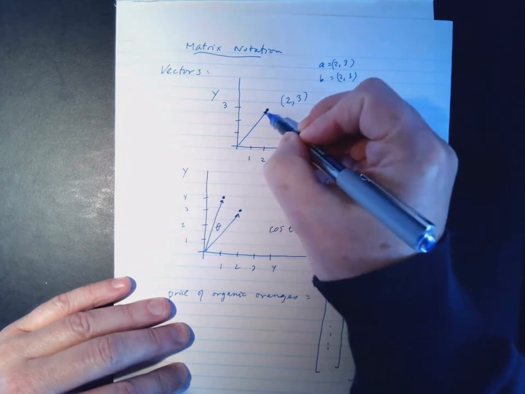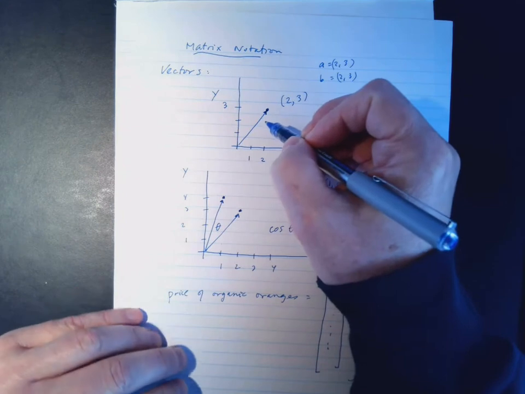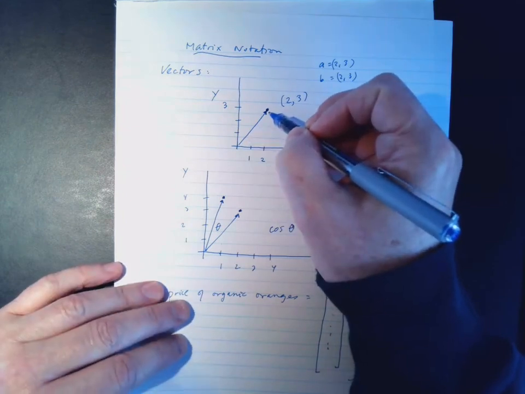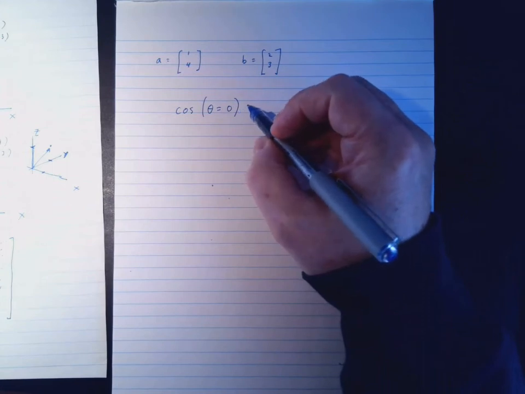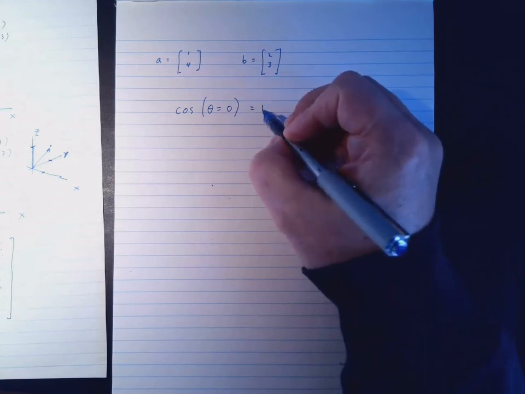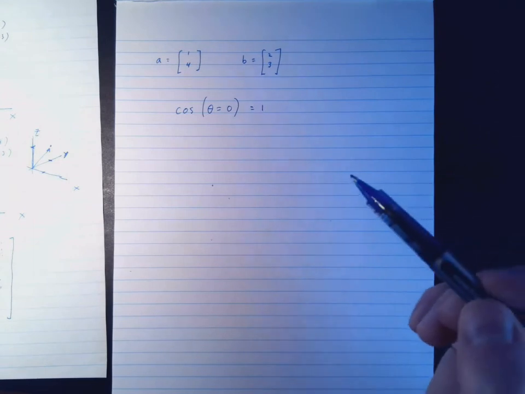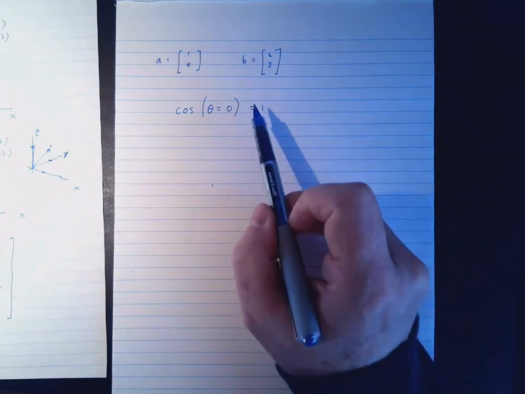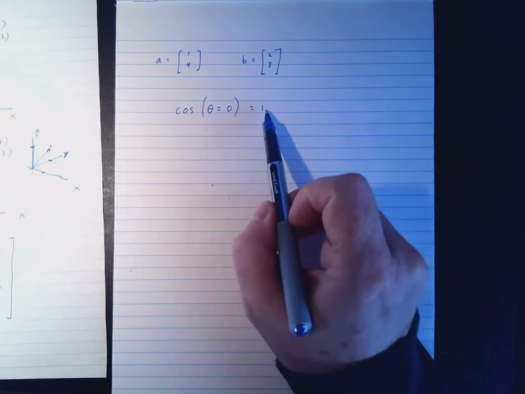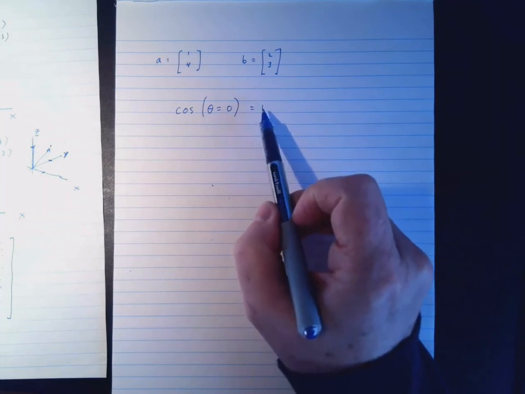The vectors lie right on top of each other. It's like two vectors with an angle of 0 between them. And so the cosine, if theta equals 0, is 1. And if you think of it as being like the correlation, they have a correlation of 1.